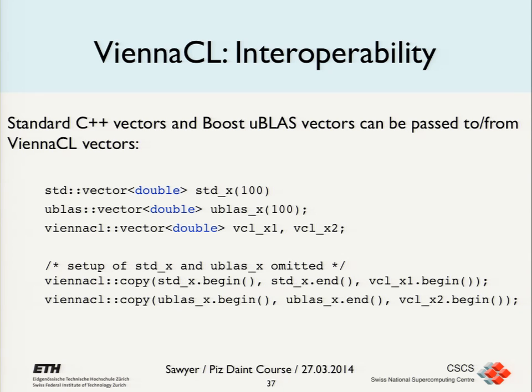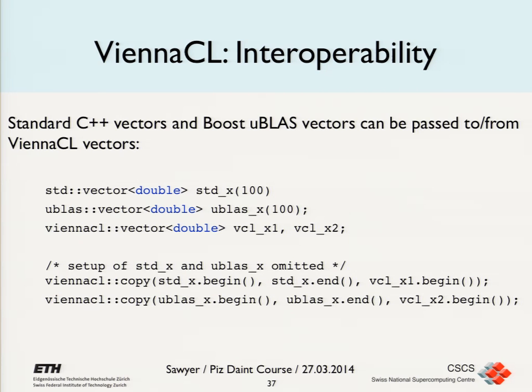And you can start mixing and matching. For example, you can copy a standard STL vector to a ViennaCL vector, same way as in Thrust. You can copy a Boost vector to a ViennaCL vector, et cetera, et cetera.